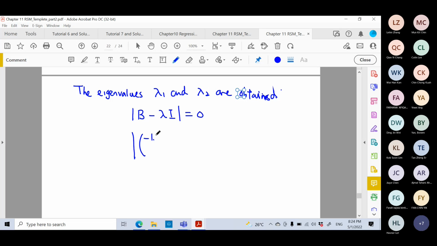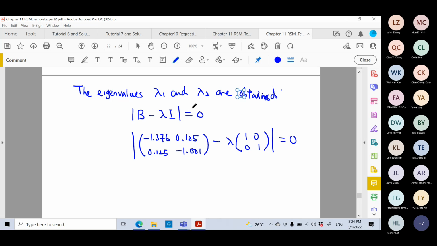Minus 1.376, then the second position is 0.125, and 0.125, and this one is minus 1.001 minus lambda, equal to 0.